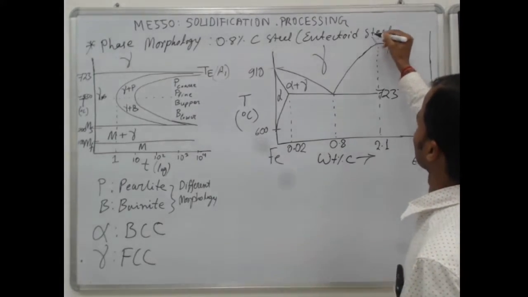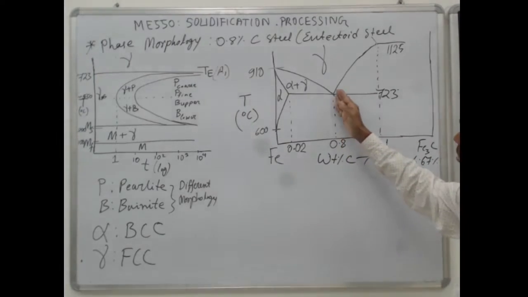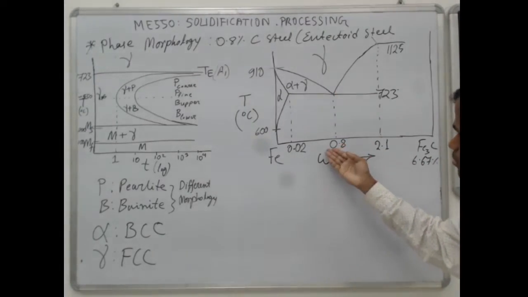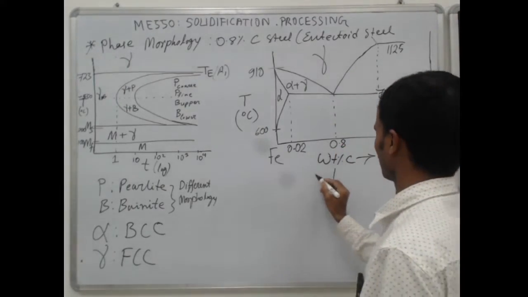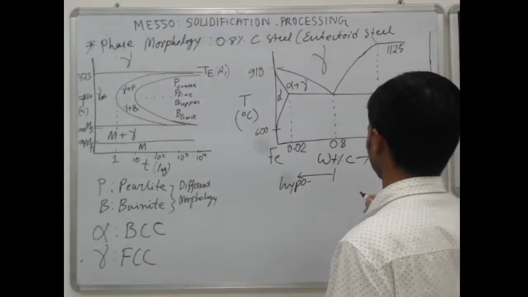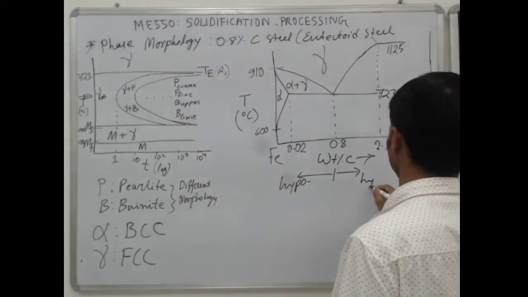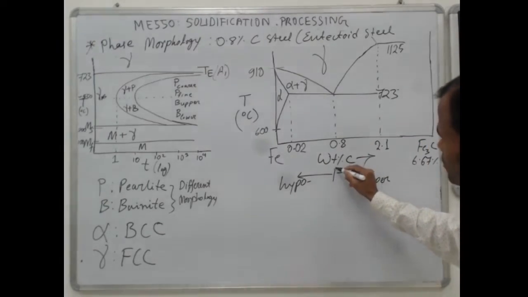After that it goes up, you have the other region. Now a steel having this percentage of carbon is called eutectoid steel. On this side it is hypo-eutectoid steel, on this side it is hyper-eutectoid steel, and on this line it is eutectoid steel.